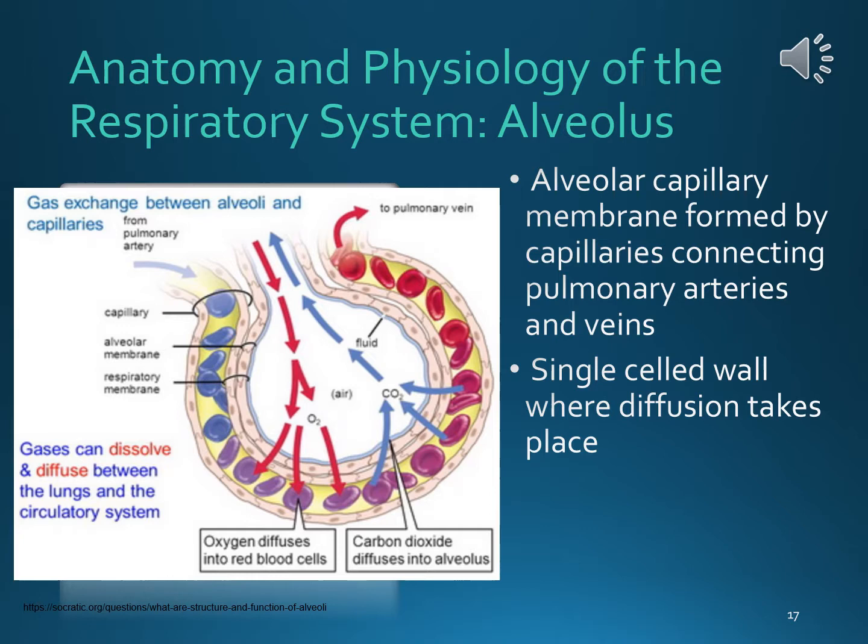This shows how each alveolus is surrounded with a capillary, and that capillary alveolus junction is endothelial tissue, and it's known as a basement membrane. As I mentioned, it's single-celled, and this is the wall through which diffusion of carbon dioxide and oxygen takes place.